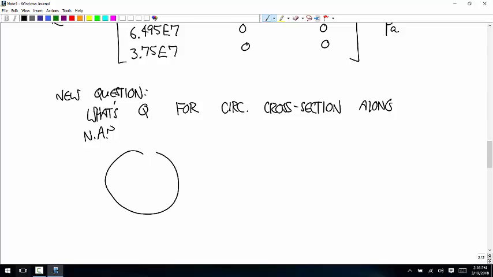So you have this circular cross-section. There's the neutral axis. Here's the area above the line that we care about. This is the centroid, and then our y is this.